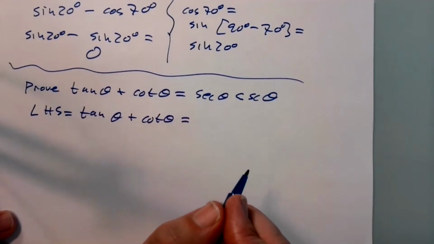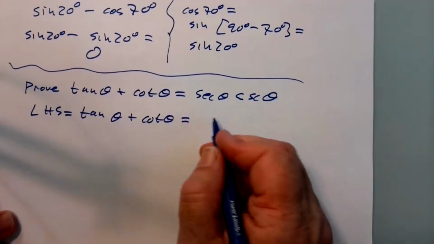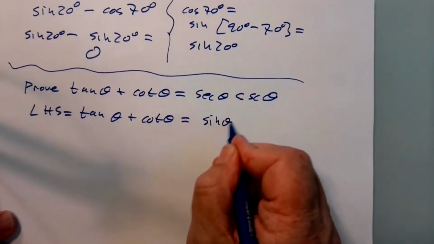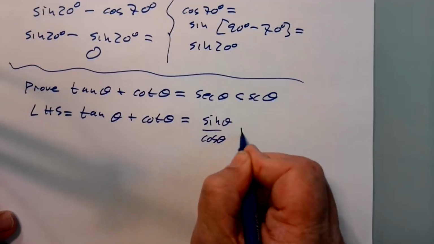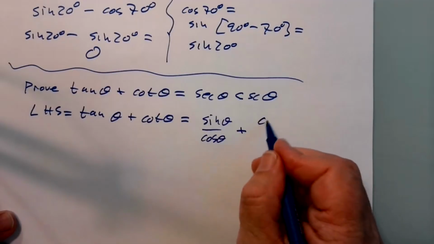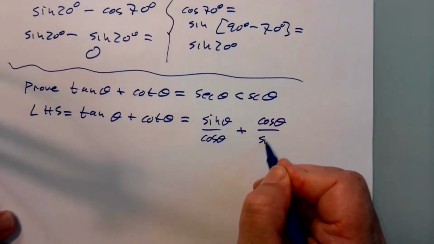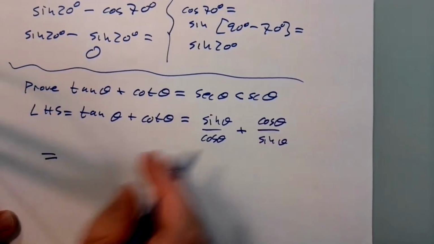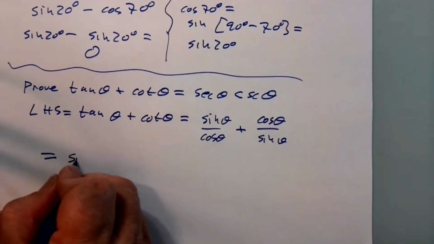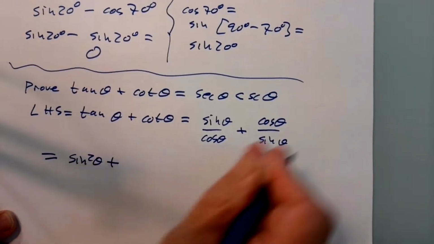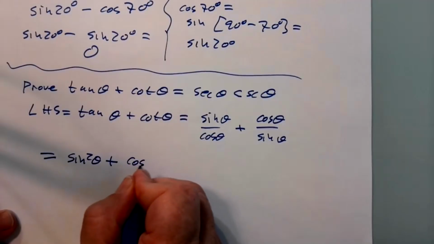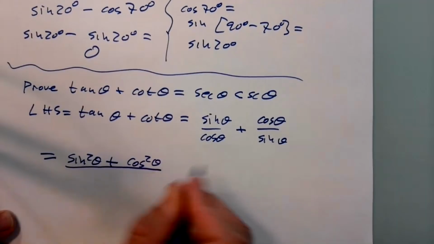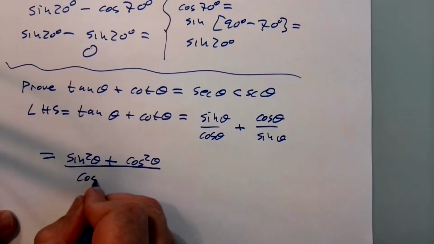And when in doubt, convert things to sines and cosines. Tangent theta is sine theta over cos theta plus cotangent theta is cos theta over sine theta. Now, sine times sine, sine squared theta, plus cos times cos, cos squared theta, over cos theta times sine theta.